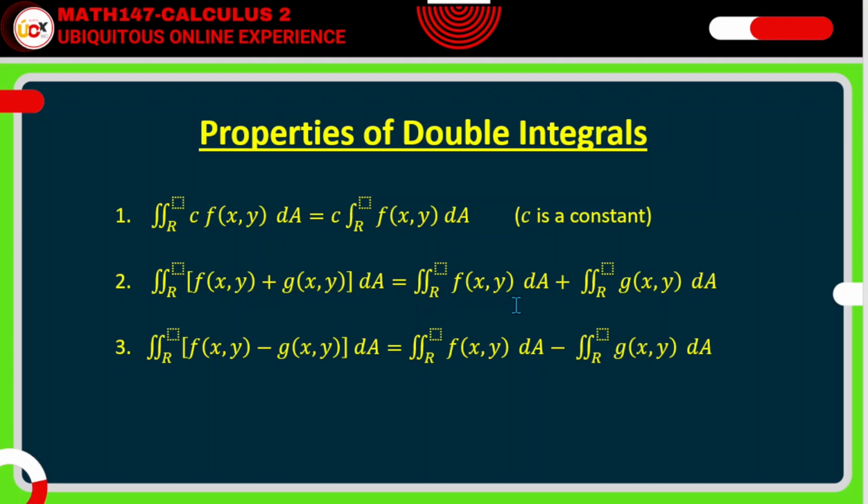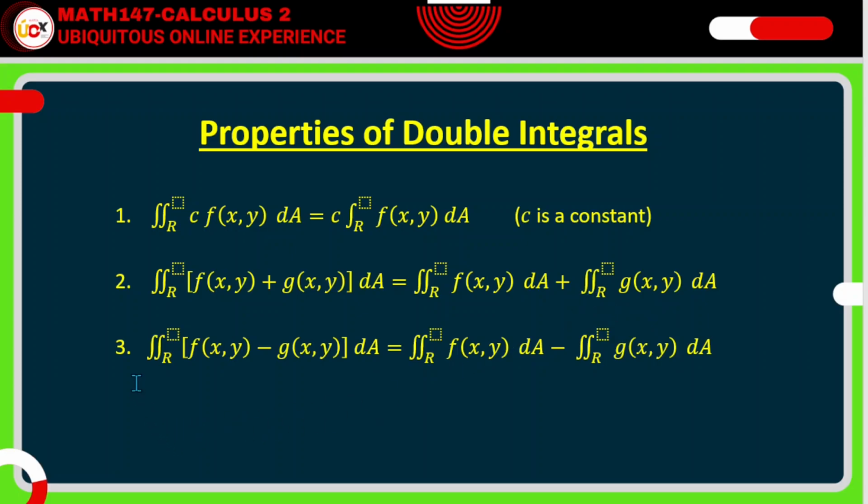So you have the double integral of f of xy times the change in the area over this rectangular region R plus the double integral of g of xy times the change in the area over this rectangular region R. So this indicates that the double integral of the sum of the two functions is equal to the sum of the double integral of the first function over this rectangular region R plus the double integral of the second function g of xy over this rectangular region R.